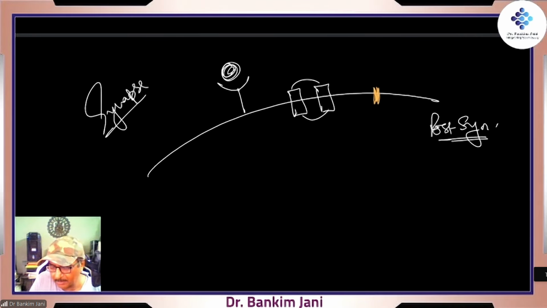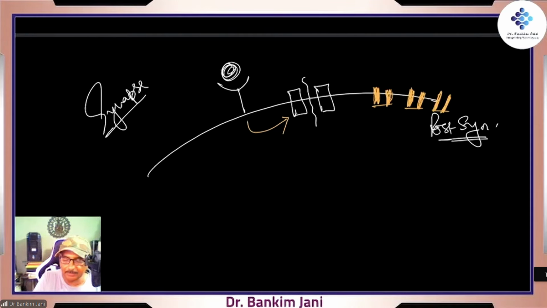These are our fast sodium channels, but they all are closed. So when the neurotransmitter comes, it tells this channel to open. So this will open, and slowly sodium will start coming inside.